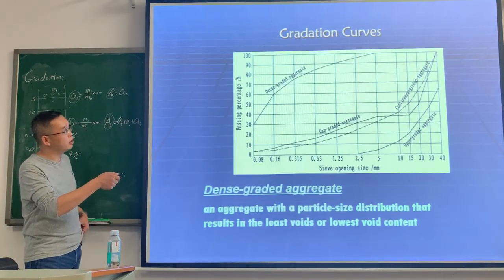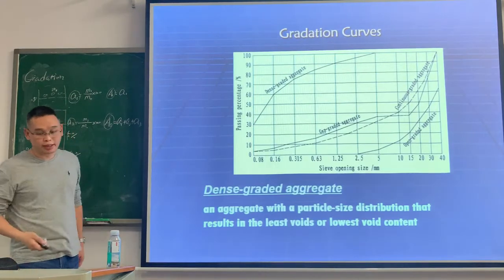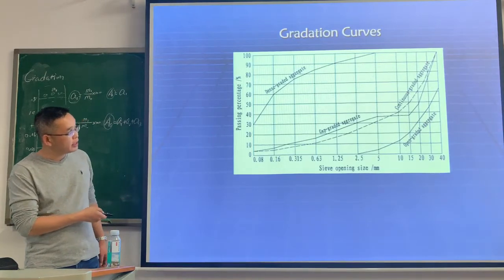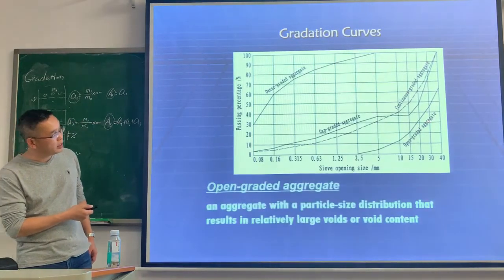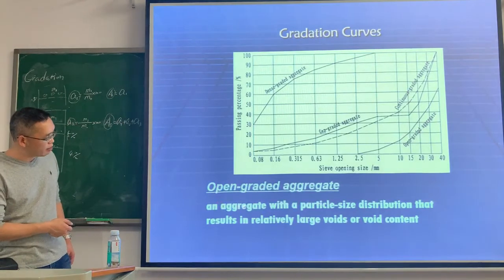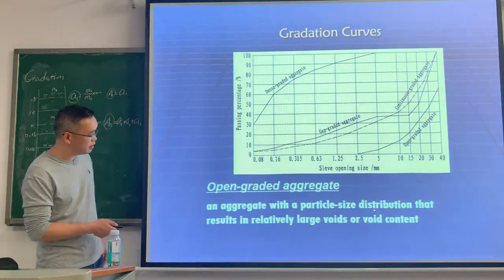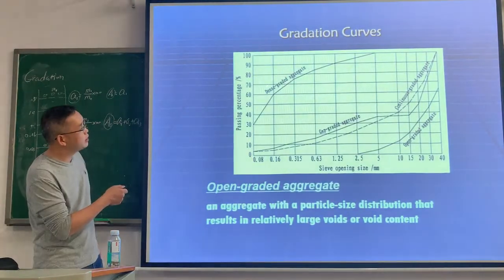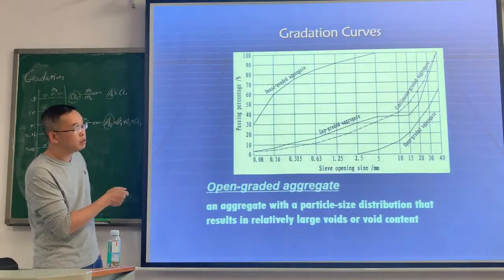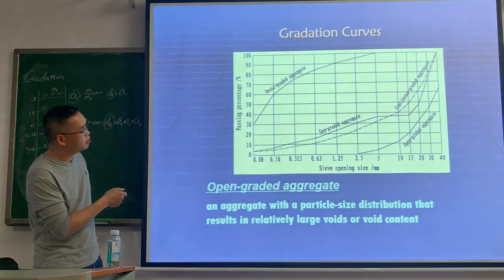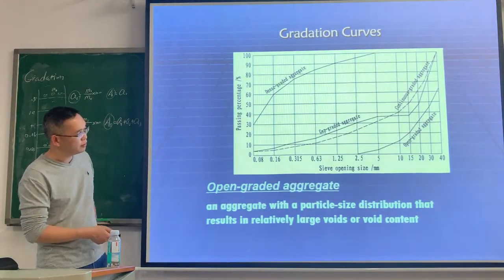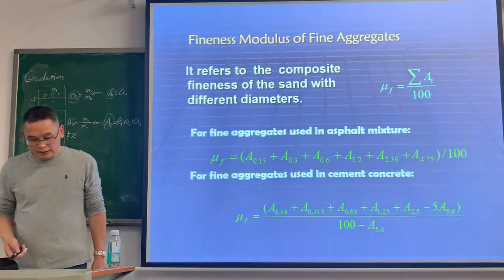And the open graded aggregate means an aggregate with a particle size distribution that results in relatively large voids. This is the lower void, but this one is for the large voids.